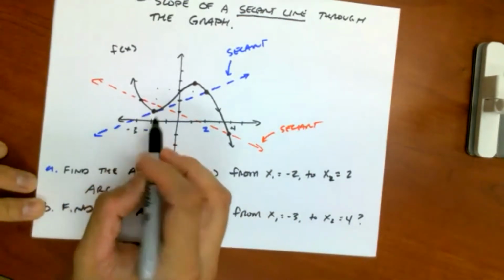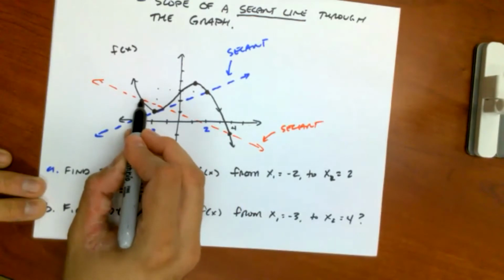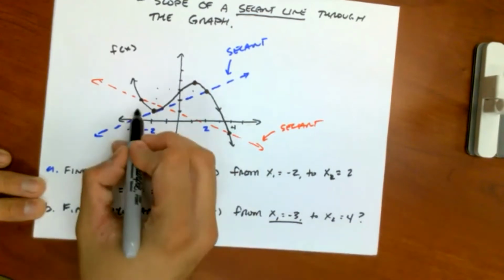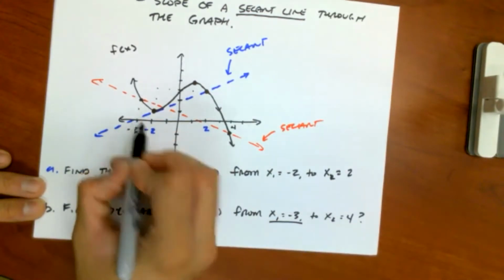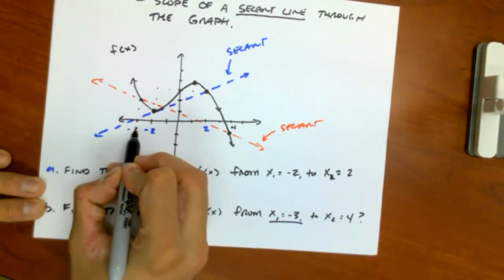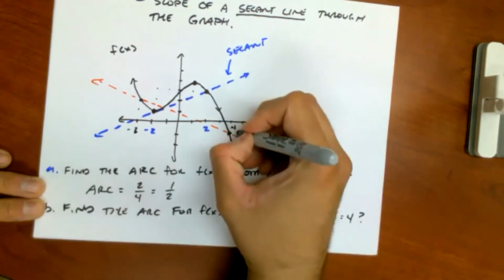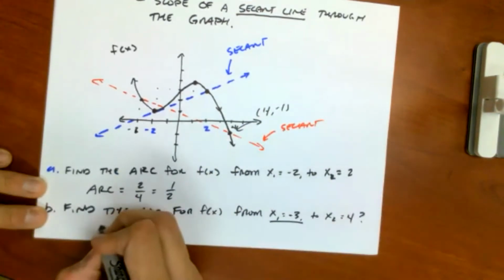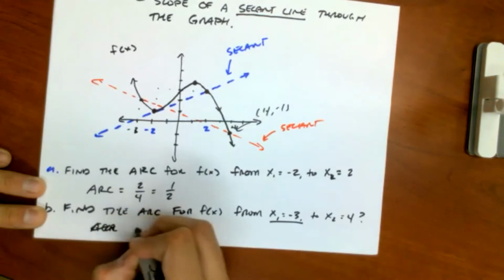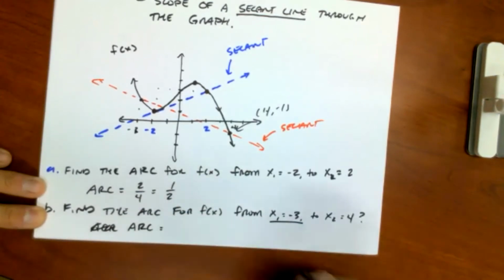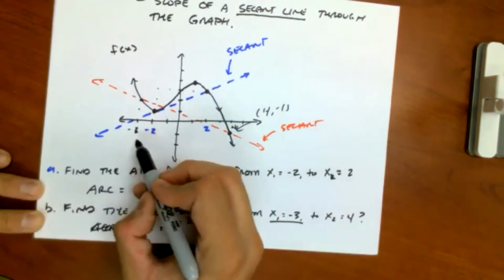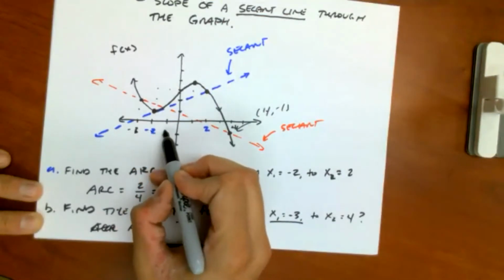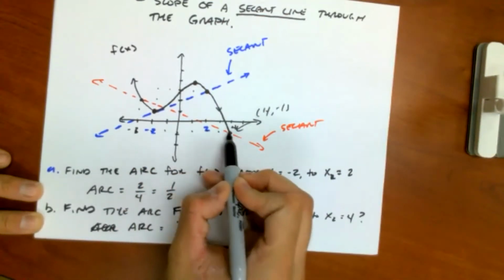So let's look at it. If I start here, at x equals -3, I have to go down 1, 2, 3, because that coordinate right there is 4, -1. So my rise is -3, and I'm going to run 1, 2, 3, 4, 5, 6, 7.